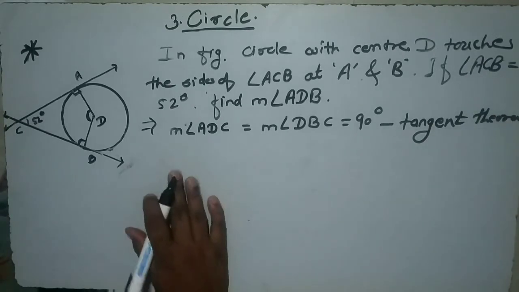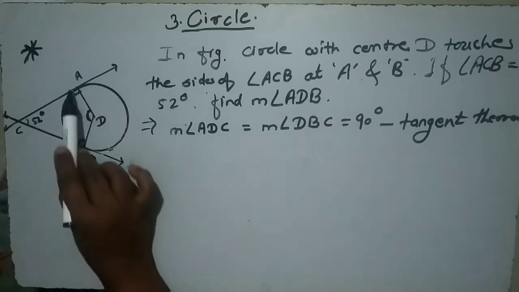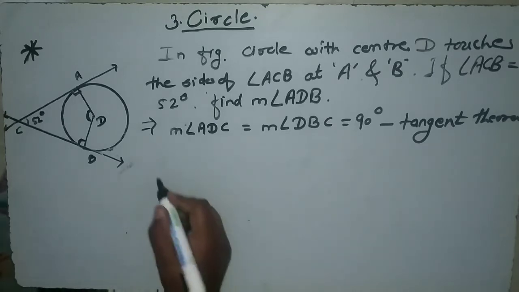After that, once you get these angles, here ACBD is a quadrilateral.